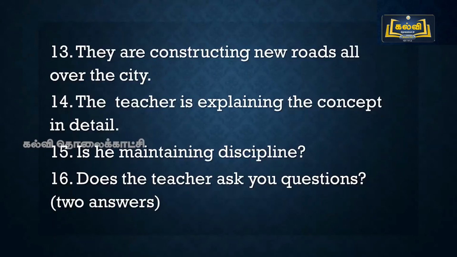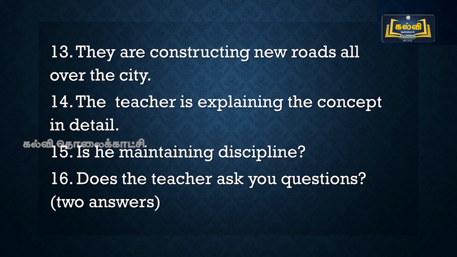Now look at sentence 16. Does the teacher ask you questions? So here again, ask is your verb. Put the question what to ask. Does the teacher ask what? Questions. Direct object. Does the teacher ask whom questions? You. Indirect object. So I should get two answers in the passive. Again remember, my answers would be in the interrogative form.